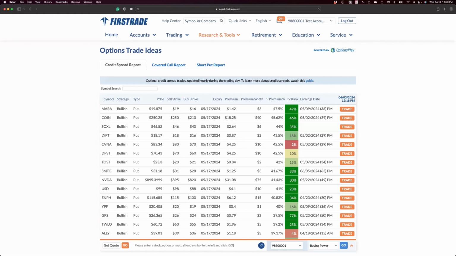You use delta. Delta already accounts for how volatile the stock is, and it calculates it appropriately and allows you to select a strike price. So when something's more volatile, it will naturally help you select a strike price that's further away. For stocks that are less volatile, it will naturally select strike prices that are closer to the current price, because delta is already accounting for the expected volatility of the stock.